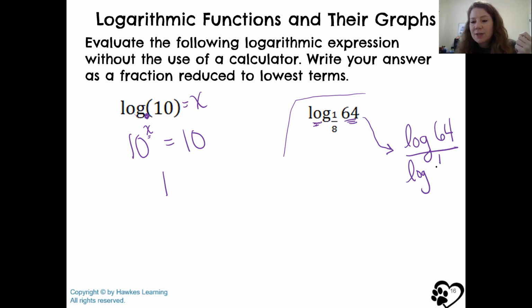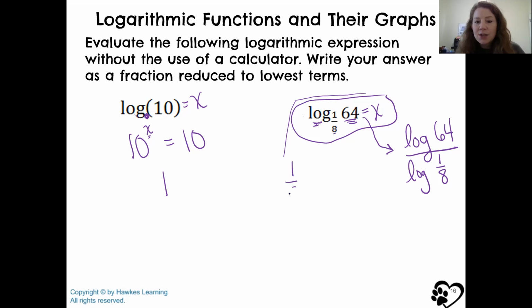And you know what? I just realized we don't have to do this yet. Both of these are going to give us the same answer, but I'll show you. So anyway, I wish I'd started with this example. I wish I'd started with saying, okay, guys, let's look at it this way. Let's take the base. That's what we're going to start with. We're going to raise it to the power of x, and we're going to get 64.